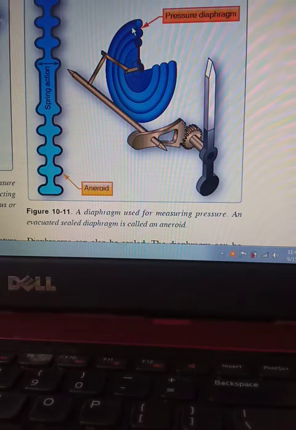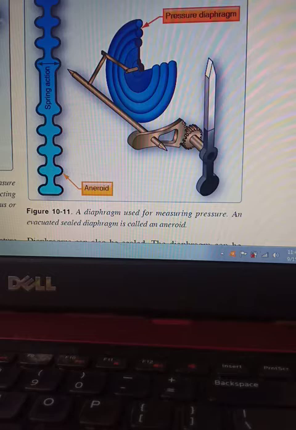The diaphragm is a hollow, thin-walled metal disc, usually corrugated.